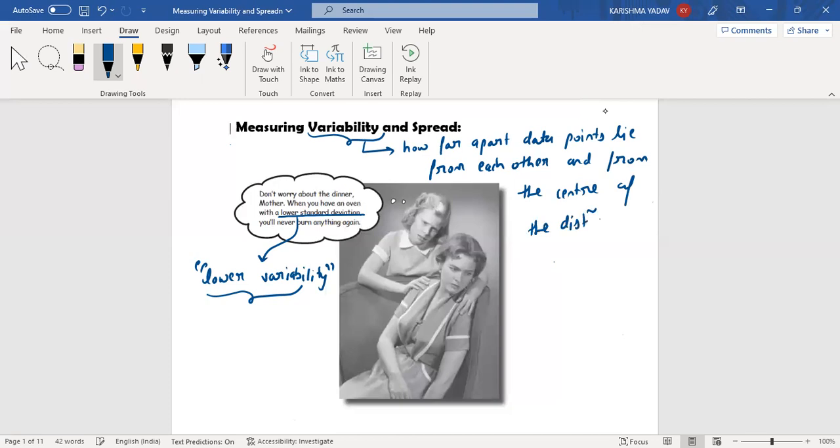Now we have mentioned this term, center of the distribution. What does this actually mean? We are talking about the averages.